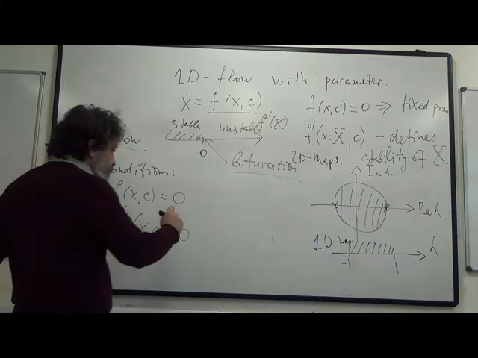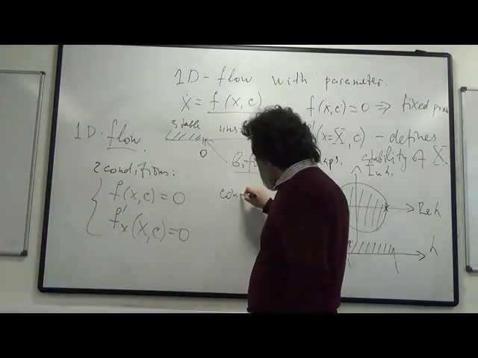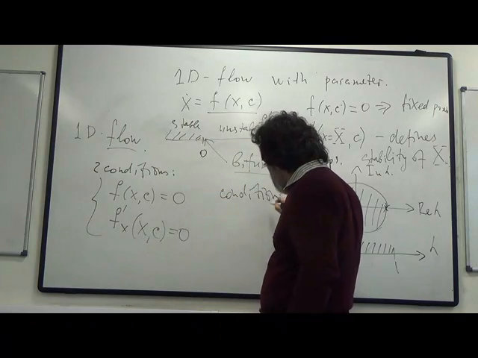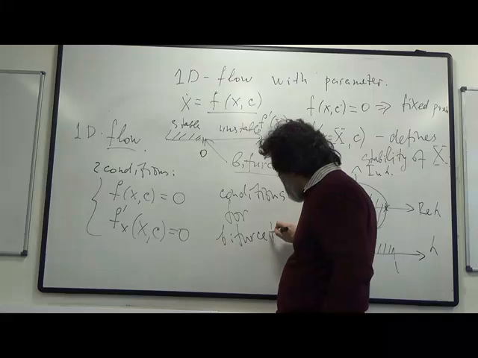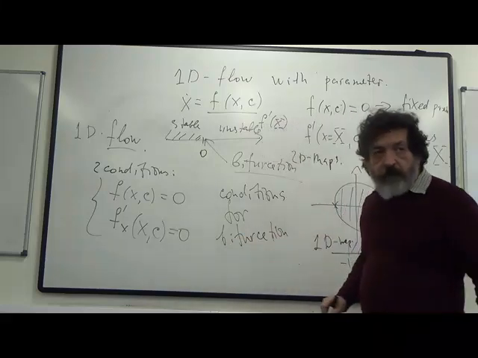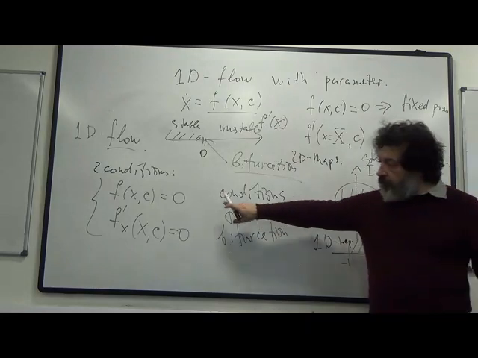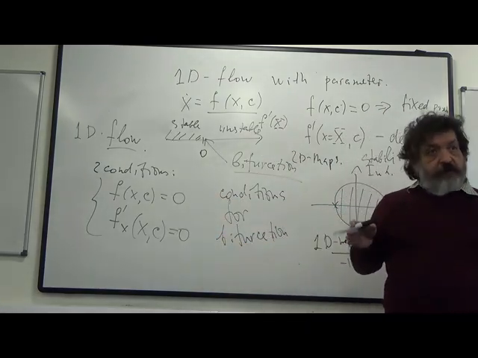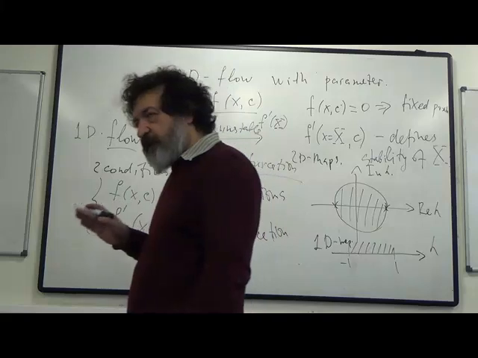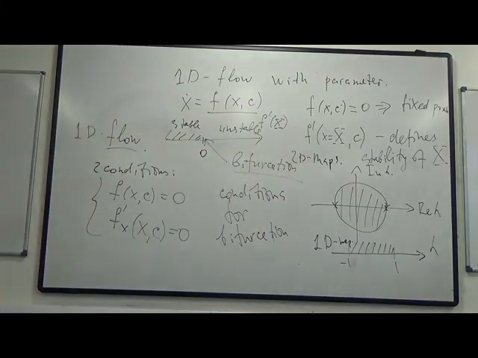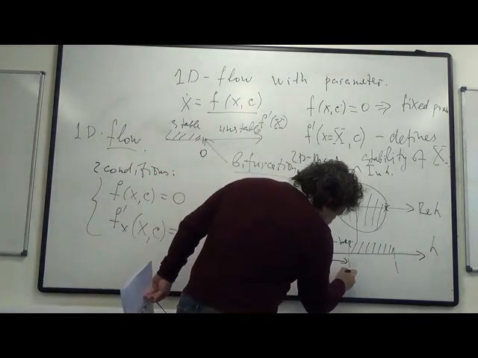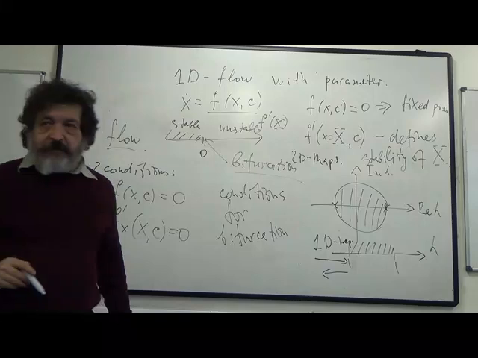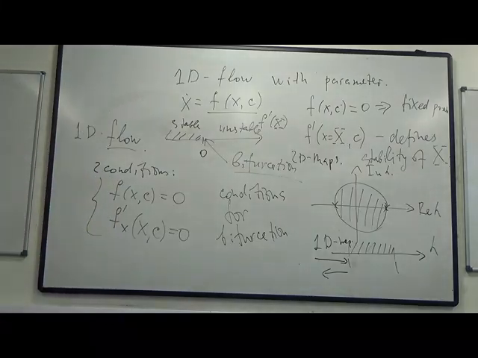So this is the condition for bifurcations. If these two conditions are met, then we can have a bifurcation. It's not guaranteed, because as you remember, for example, an eigenvalue can come here and then turn instead of passing, and then we will not have a bifurcation. But if we have a bifurcation, these two conditions should be satisfied.